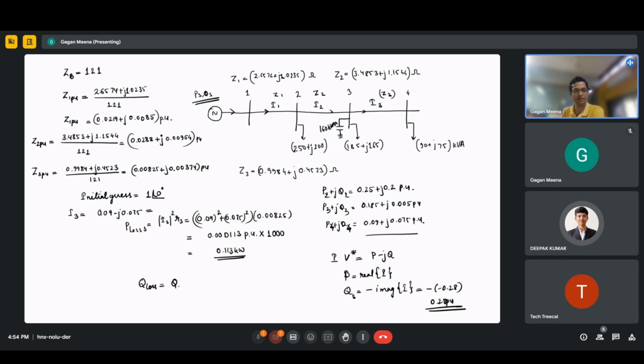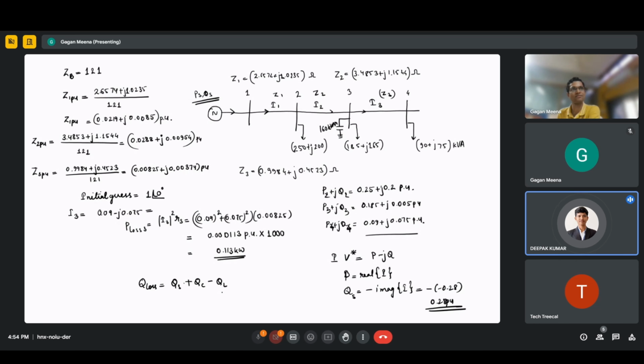QS plus QC, and minus QL. That will be the loss. What is QL?